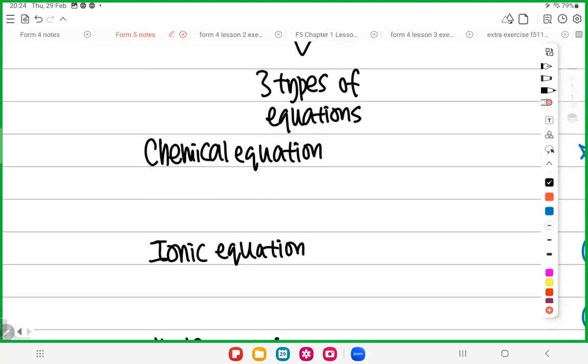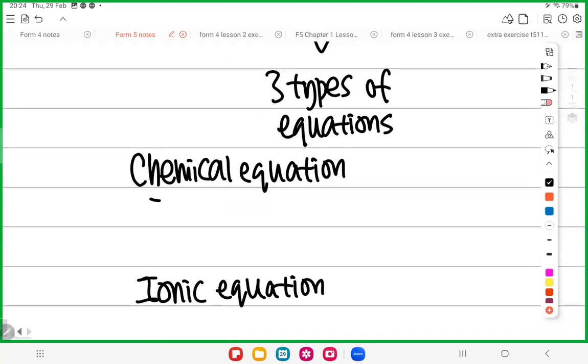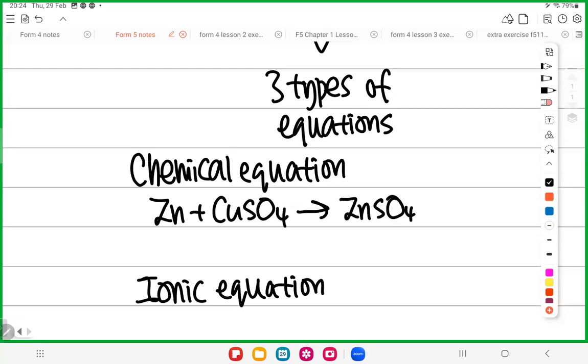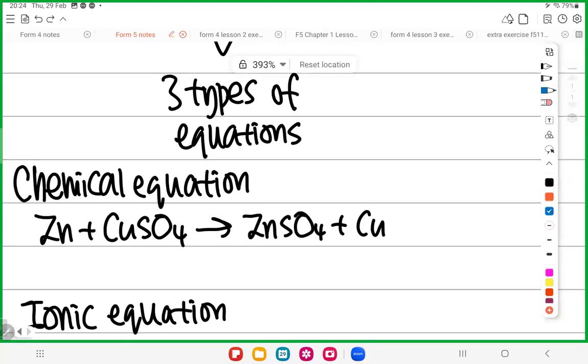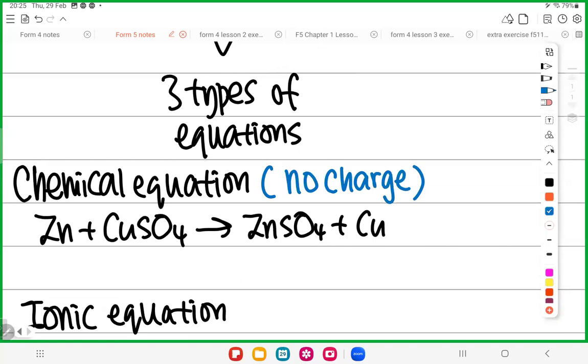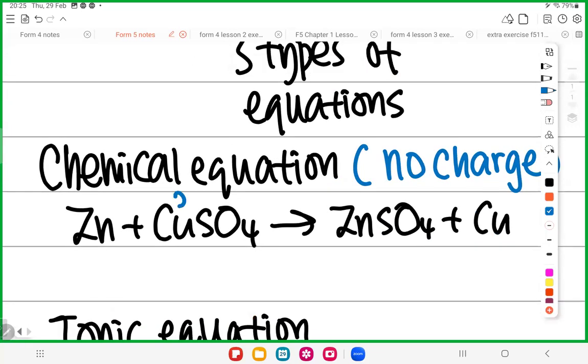So what is a chemical equation? A chemical equation will look like this. Don't try to memorize this example, guys. This is just an example for a chemical equation. A chemical equation is the equation where you don't see the charge. Some people say, sir, Cu has a charge, Cu2+.